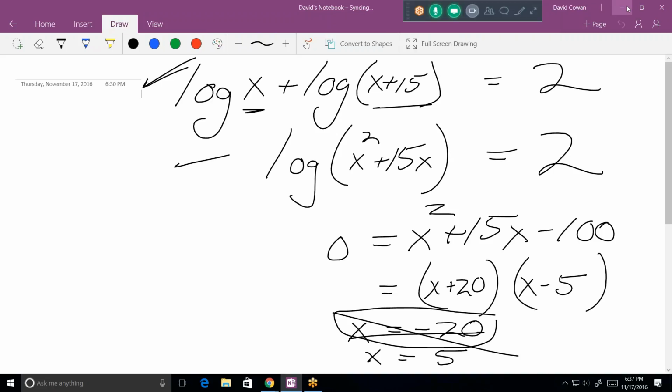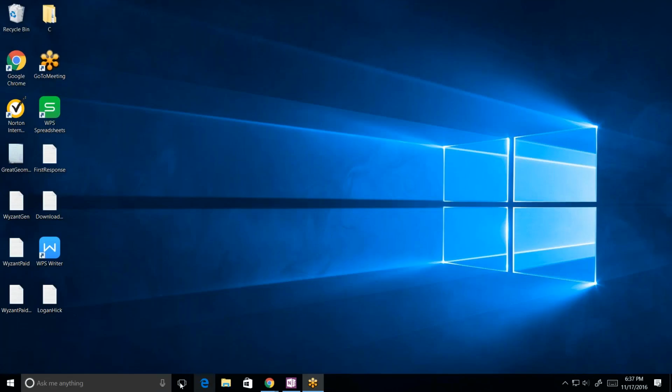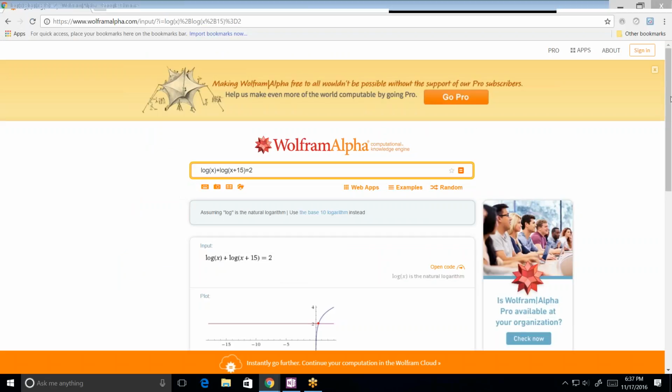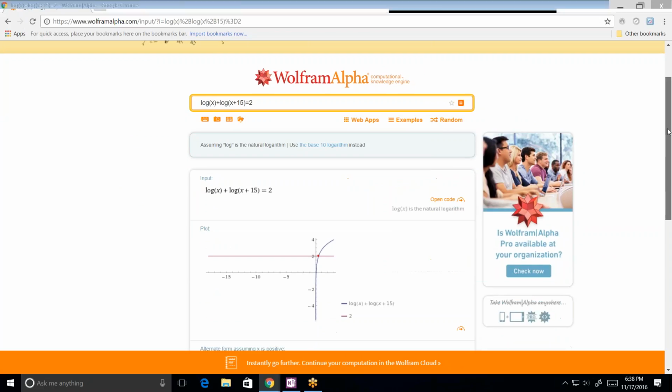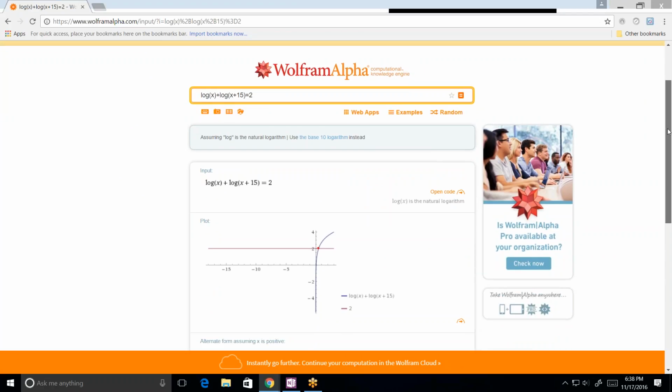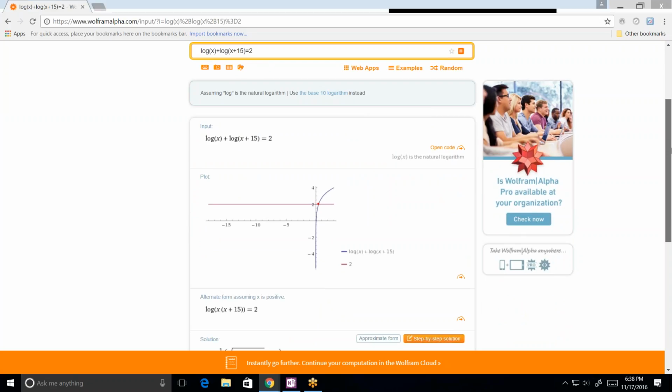How come Wolfram Alpha doesn't show that? Oh, no. Well, first of all, that solution there isn't the solution. It's the x value of that. In other words, if I want the x solution, it's whatever that number is. 4.77.